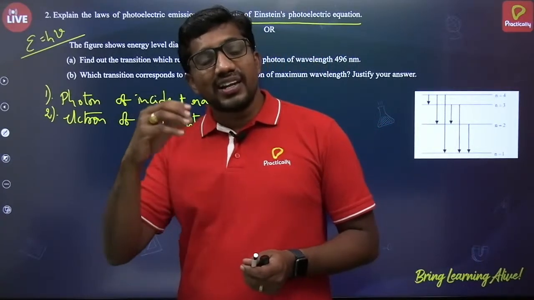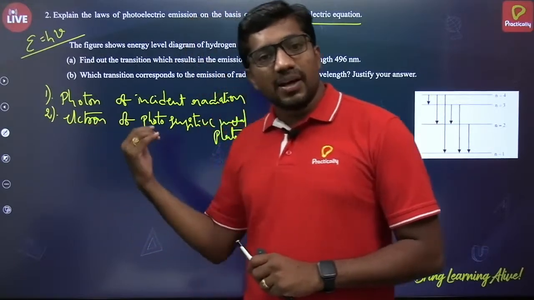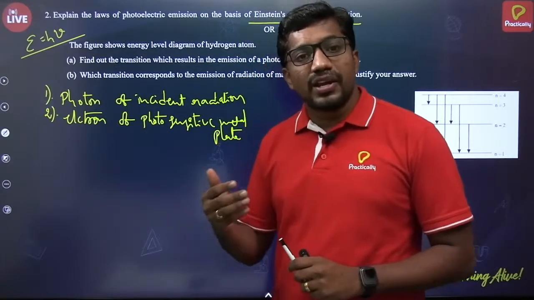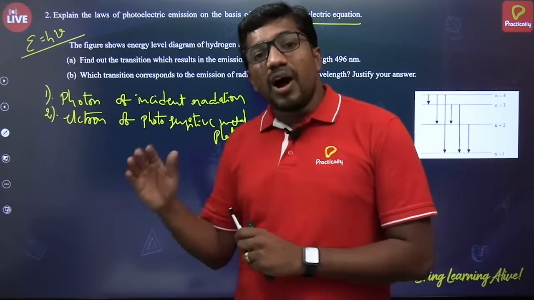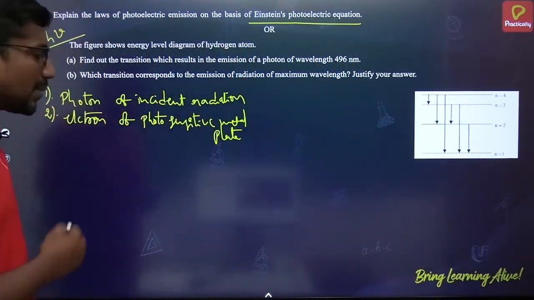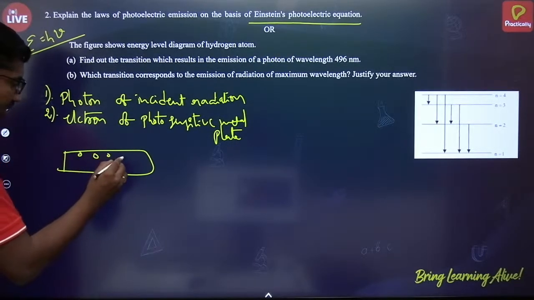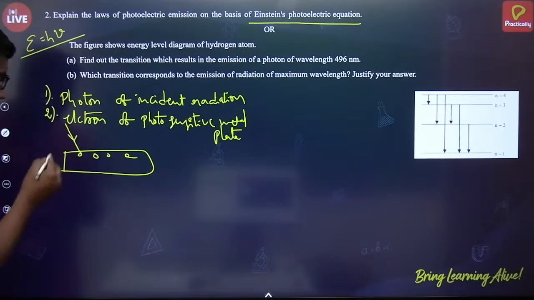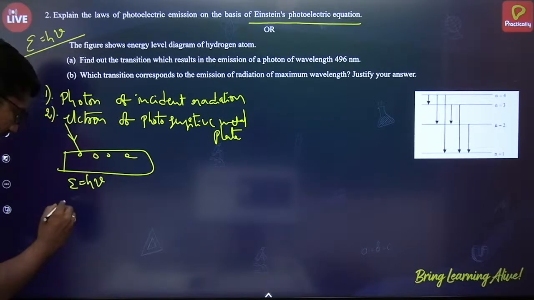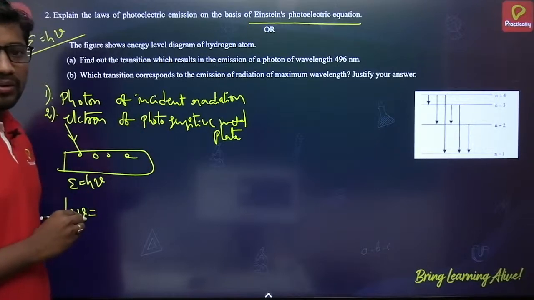Another part of the energy will be imparted as kinetic energy to the electron, which we will call a photoelectron. Suppose this is the metal plate where free electrons are there, and the incident radiation has energy E equal to h nu. Then part of this energy will be utilized to liberate the electron.